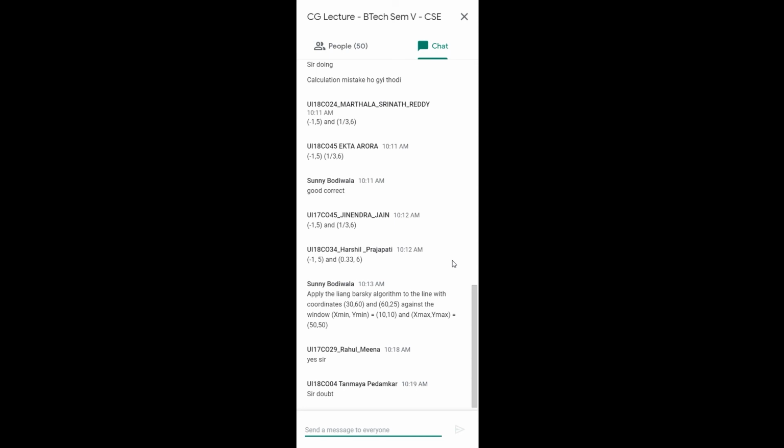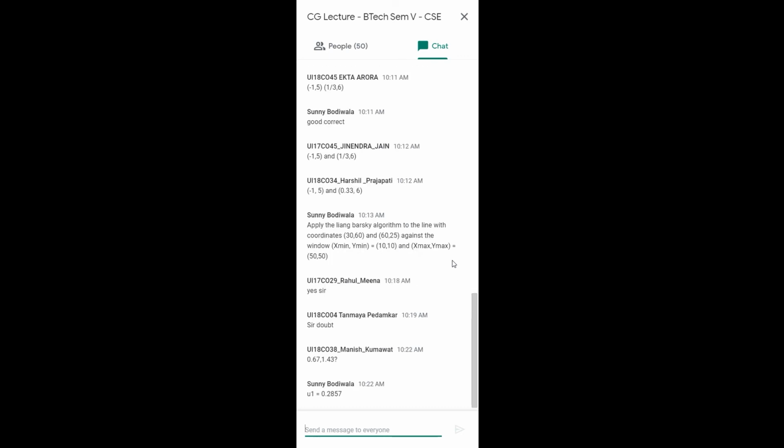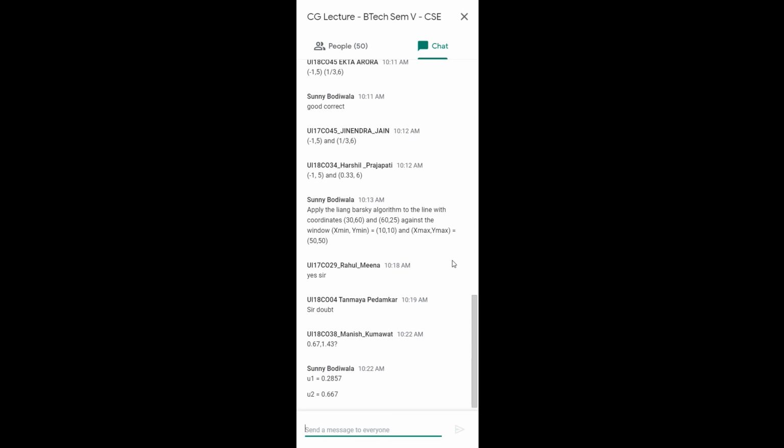Okay, I'm writing the U1 and U2 values in the comment box. U1 equal to... you are going in the wrong direction. 2.57. See, check for the condition where your P is less than 0.